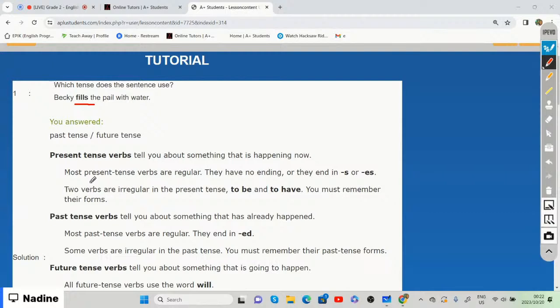All right. So if we look at that specific word fills, it ends in s, right? So we can say this is a present tense verb.